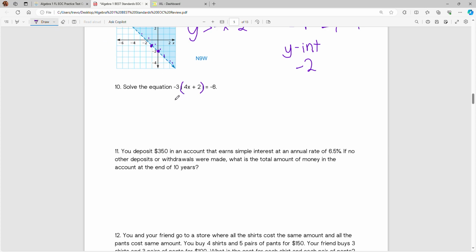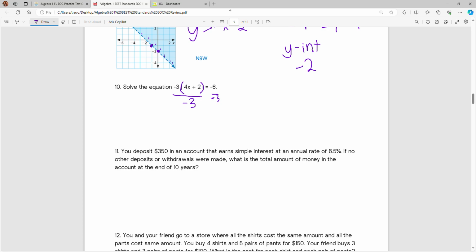So my first step, I want to divide both sides of my equation by -3. And when I do this, it's going to make my -3's cancel out here.